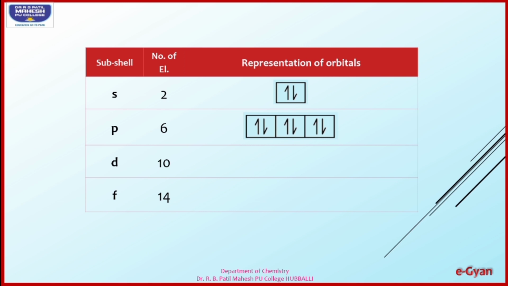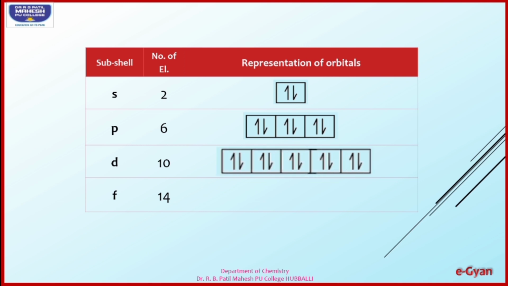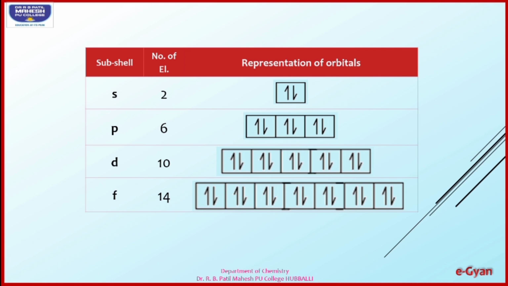This is the type of representation: one up arrow, 1 electron, another down arrow, another electron. So an orbital can have maximum 2 electrons. D subshell is having total number of electrons 10 and there are total 5 orbitals, and F subshell can accommodate maximum 14 electrons and there are total 7 orbitals.